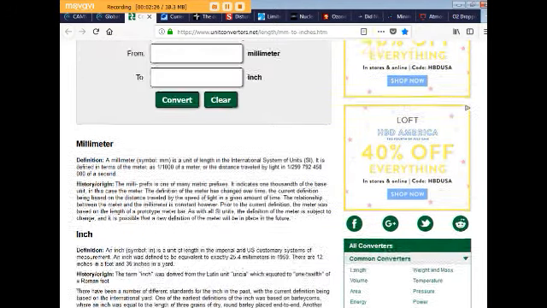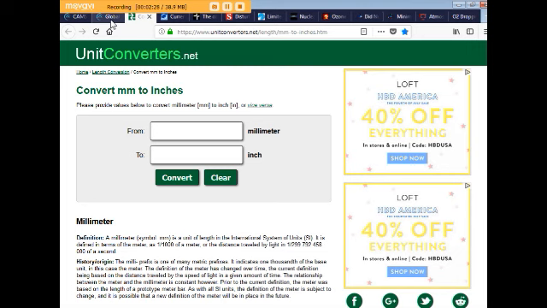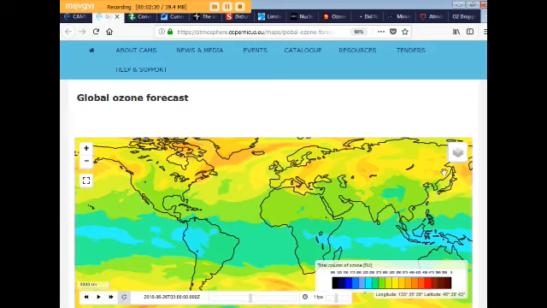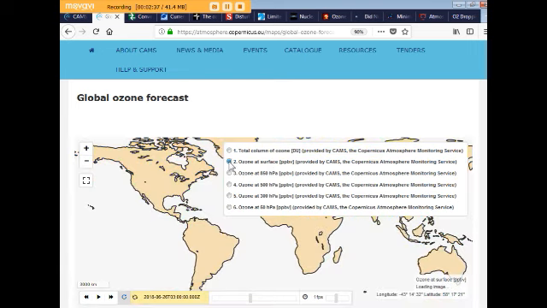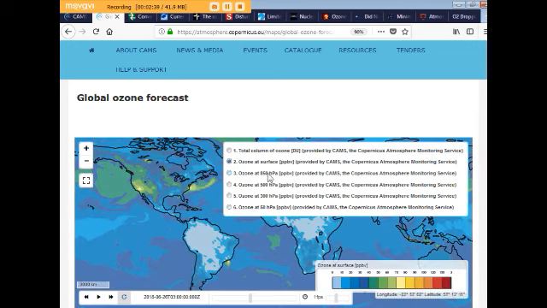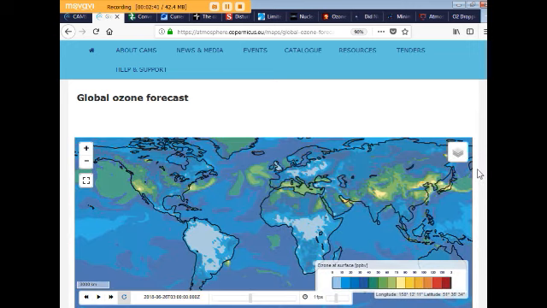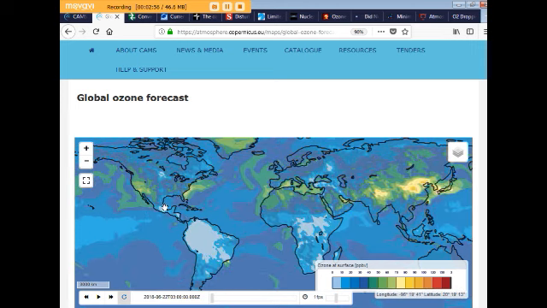And I also showed people yesterday about looking at bad ozone levels, and when you click on surface here, you can see this is the ozone that's being created at the surface, and this is called the bad ozone. I did a long segment on that yesterday, so that's in part 2.